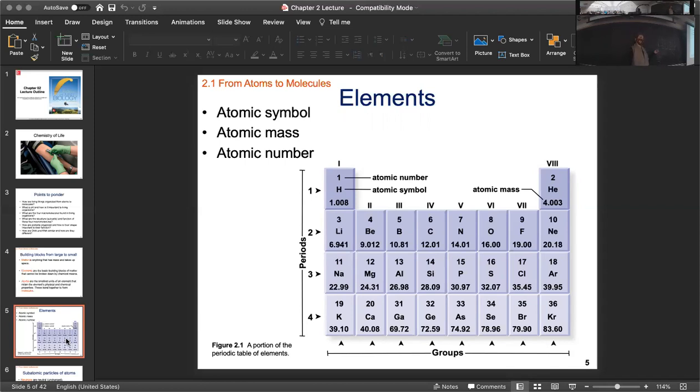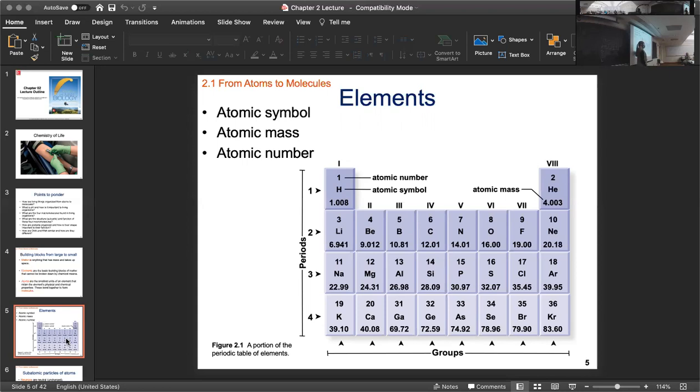Oxygen, it makes sense that it'd be O. Oxygen starts with the letter O. Carbon starts with the letter C. Hydrogen starts with the letter H. Iron starts with the letter Fe. Nope, that's not it, right? Iron doesn't start with the letters Fe, at least not in my language anyways. And so not all the time do the letters represent the name strictly as it is.